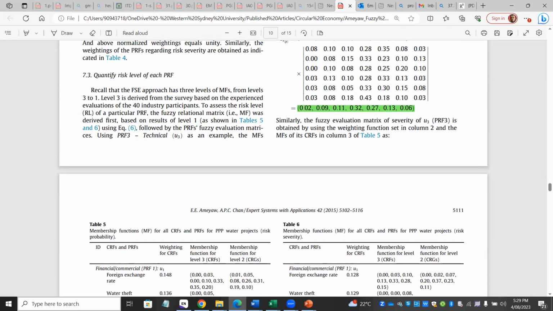So for the probability, because they are being graded, alternative grading 1 to 7, it's going to be 0.02 times 1 plus 0.09 times 2 plus 0.11 times 3 plus 0.32 times 4 plus 0.27 times 5 plus 0.13 times 6 and then 0.06 times 7.